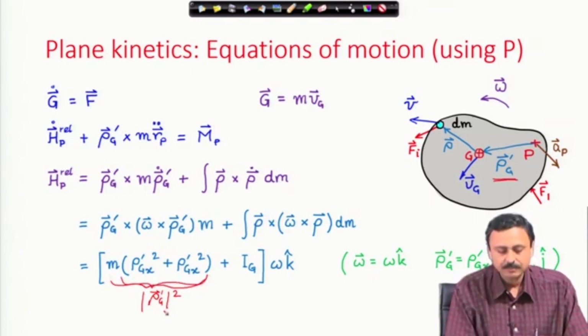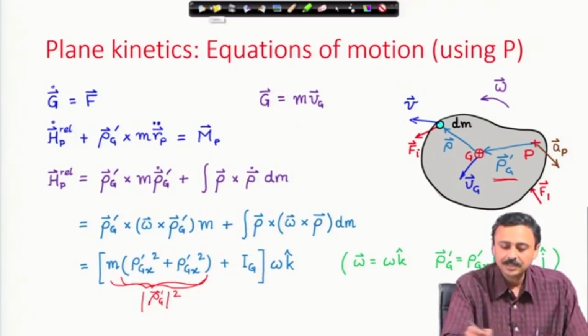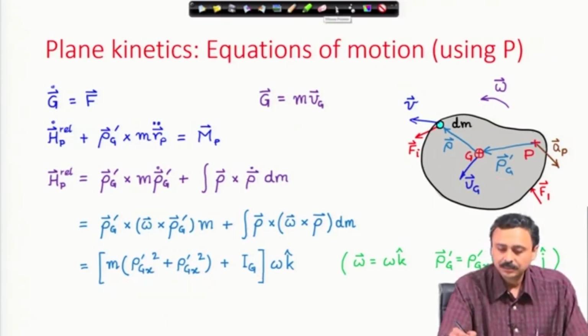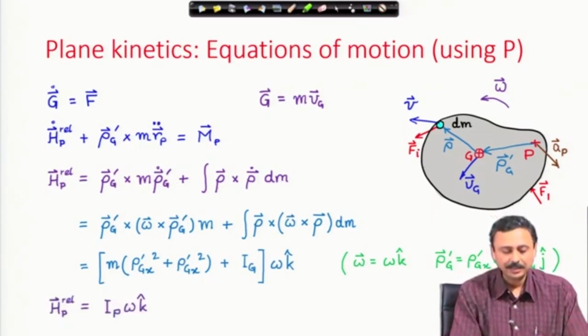Therefore, mass times magnitude of rho_g prime squared plus I_g times omega, and this is nothing but the moment of inertia about P. Therefore, H_P rel in this particular situation simplifies to I_P, the moment of inertia of the rigid body about P, times the omega vector.